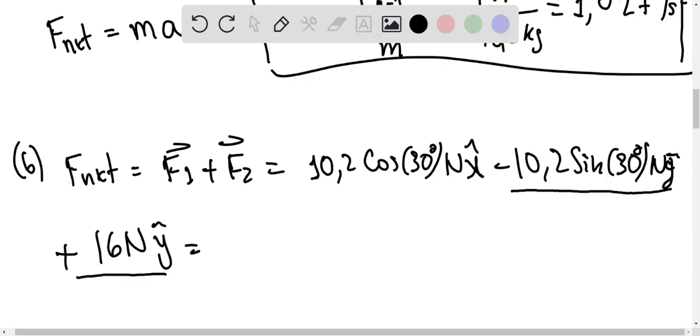I'm going to introduce this value in the calculator.